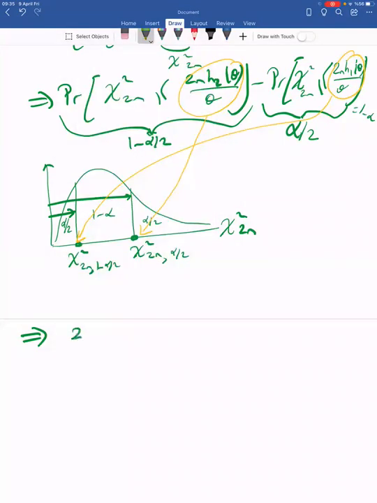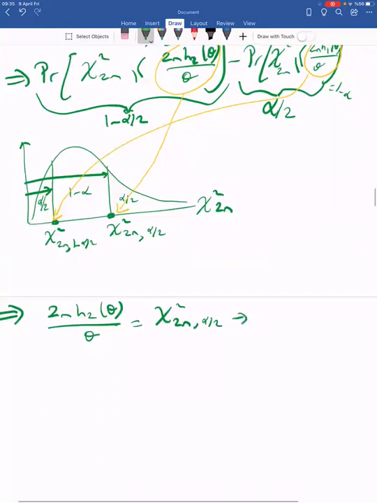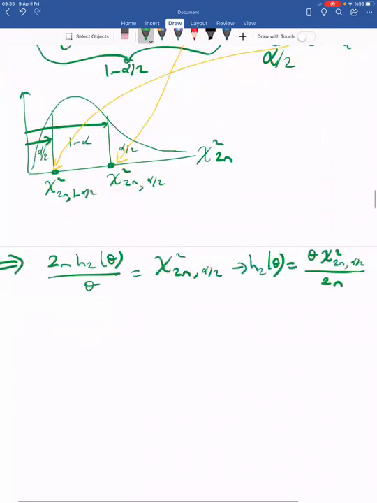Then our 2n h2 theta over theta will be chi-square 2n alpha over 2. Then we can write h2 theta as theta times chi-square 2n alpha over 2 over 2n, which is an increasing function of theta.